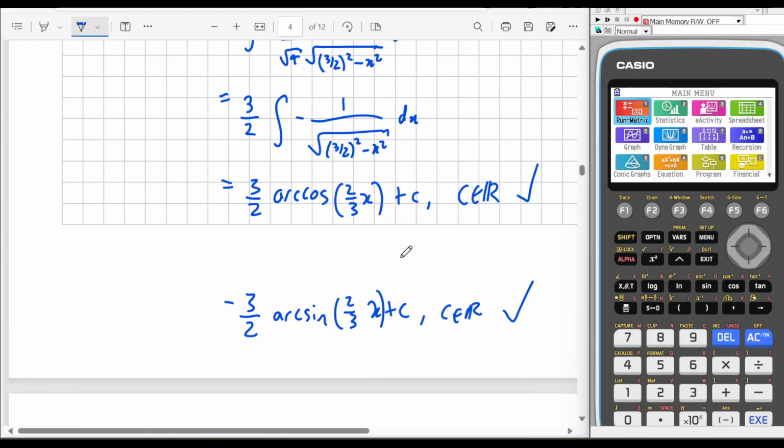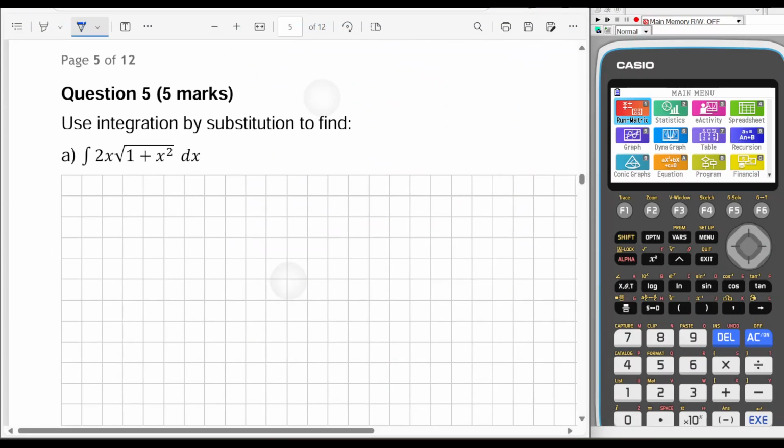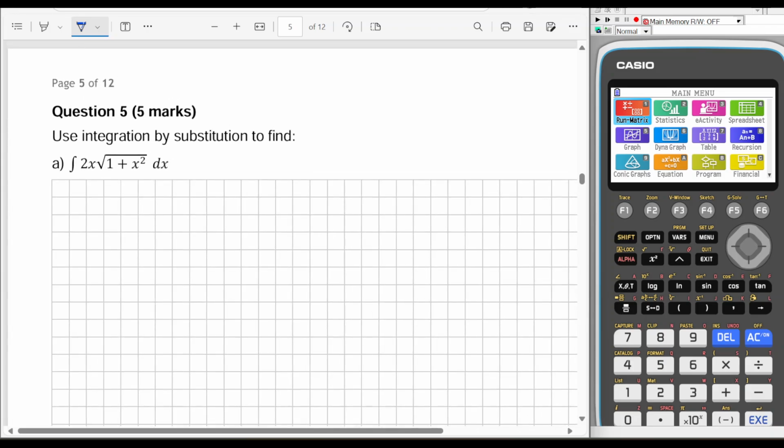All right, moving on. Integration by substitution. So we need a good u substitution for this. I'm going to pick u is 1 plus x squared. And then du dx would be 2x. So this integral is du dx root u dx.